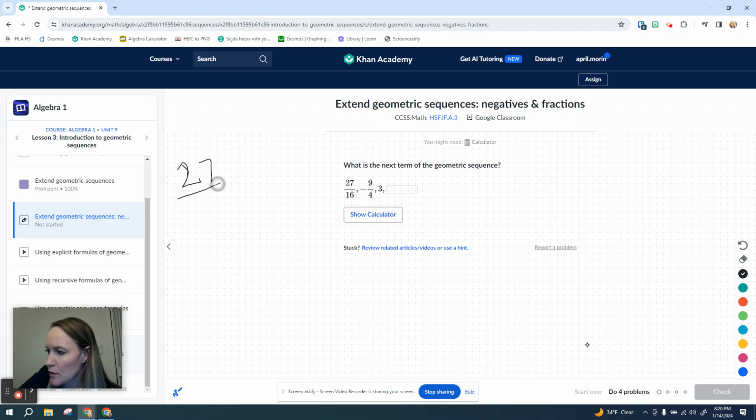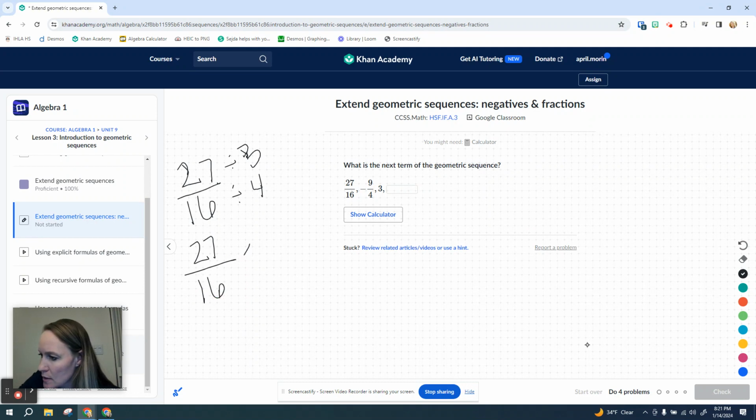Remember, in math, when we don't know what to do, we just write stuff down and then we can see the patterns. So this is divided by 3. And this one is divided by 4. Okay, so it could be 27 divided by 16 times, well, let me write like a circle.